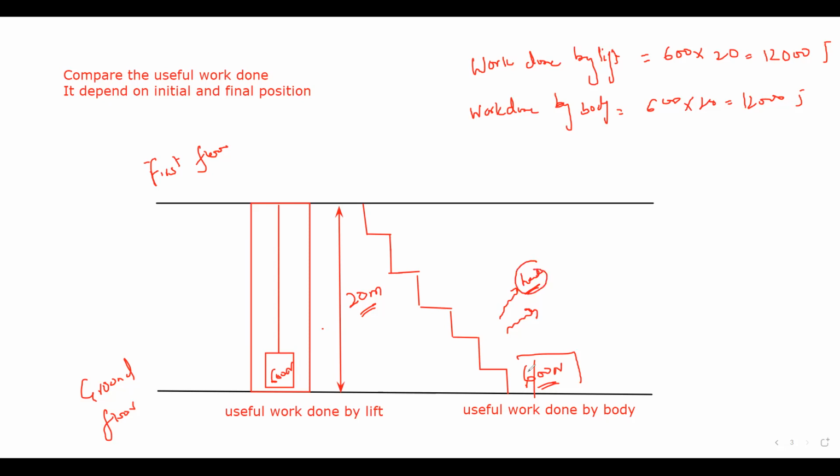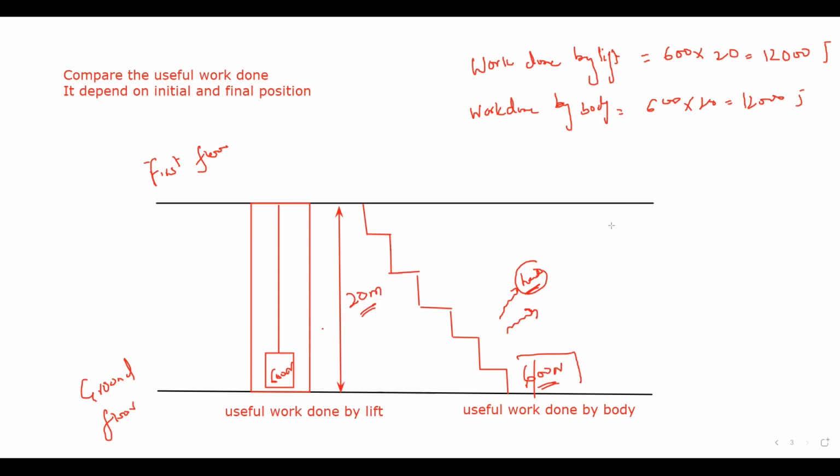We are not considering that. We are only considering how much energy is used to move from the ground floor to the top floor. The useful energy used to move from the ground floor to the top floor will be the same as the useful work done by the lift.